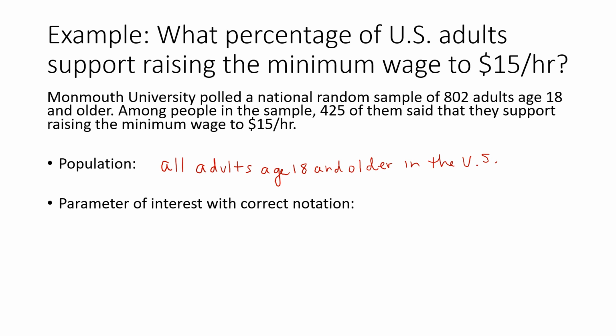Well, let's see. What kind of variable do we have? For each of the people in the sample, they were asked whether they support raising the minimum wage to $15 an hour. So we've got one categorical variable: whether they support raising minimum wage.